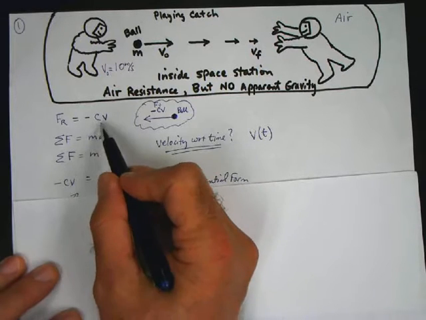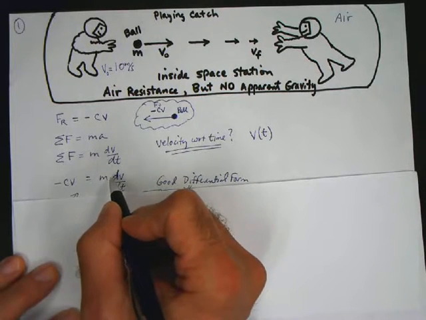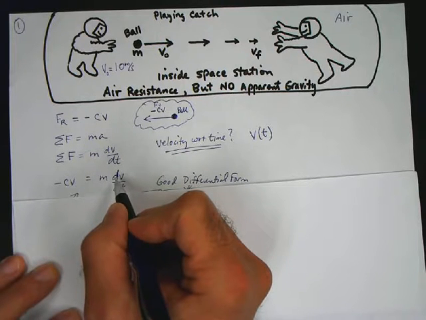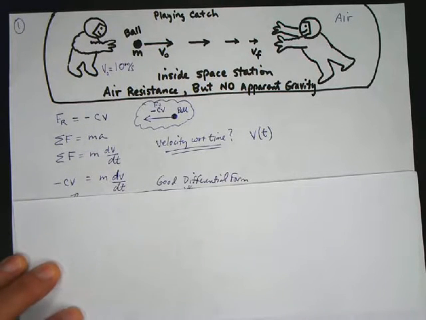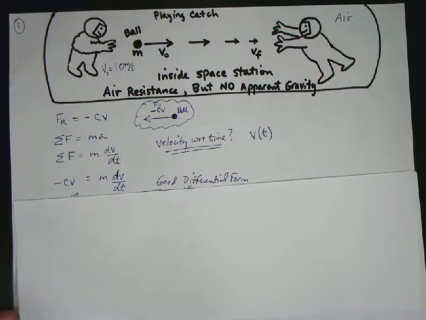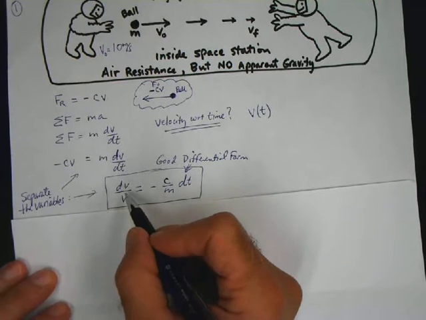Okay, so the net force we remember is -cv, so I'll substitute that in here, is equal to m dv/dt, ma, right? Now let's rearrange it, put it in good differential form, separating the variables so that all the v's are on the left and the dt along with the constants would be on the right.